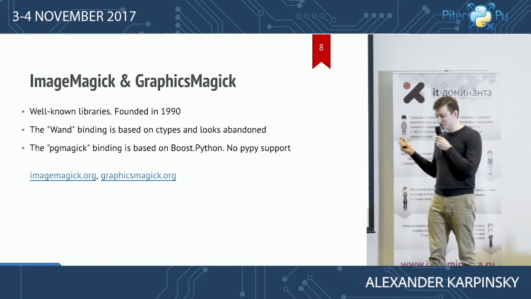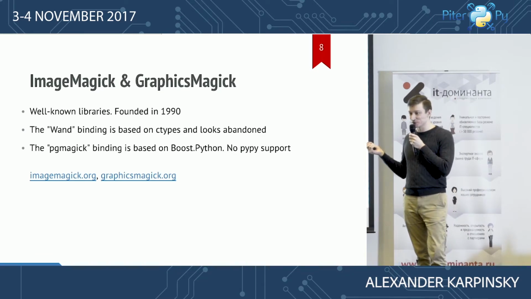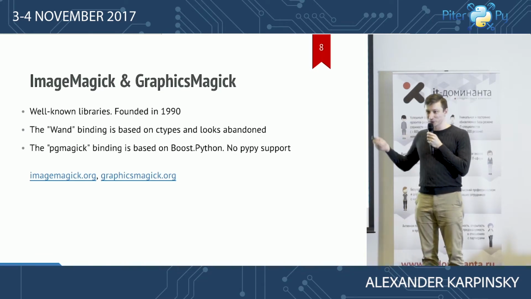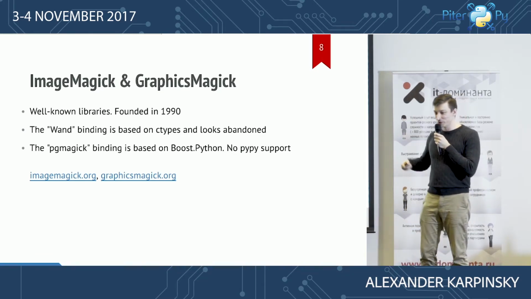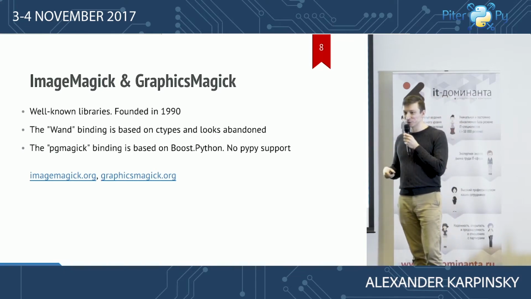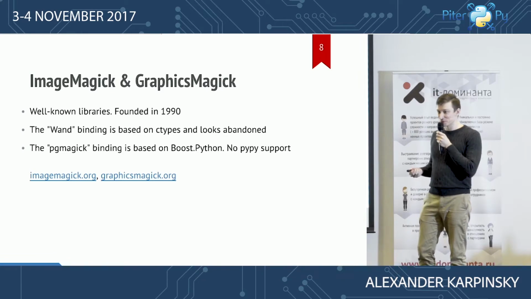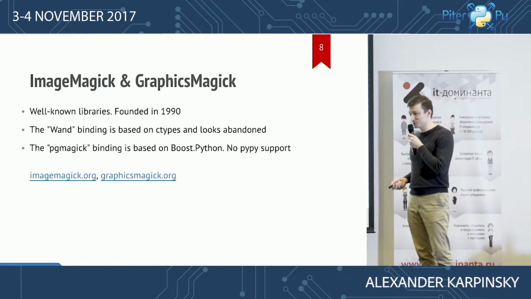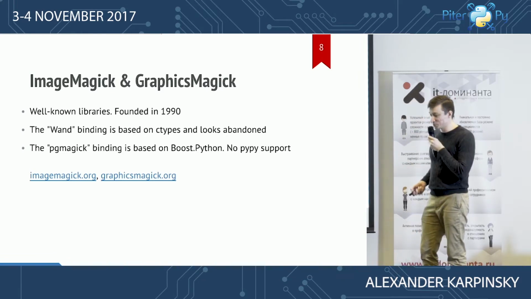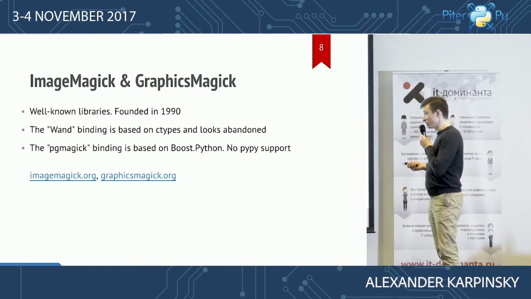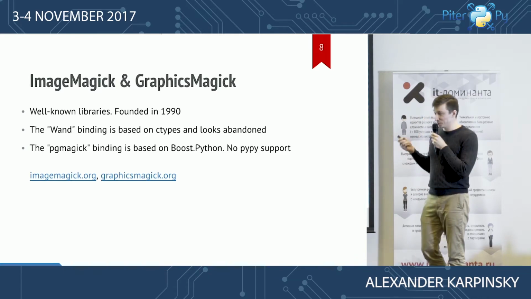We should also mention very famous libraries such as ImageMagick and GraphicsMagick. ImageMagick with time just obtained the same functions as GraphicsMagick, and it doesn't matter which one of them you use.